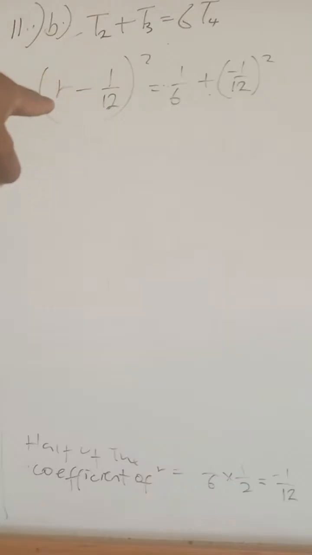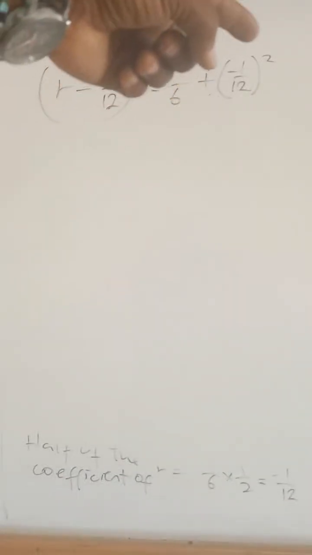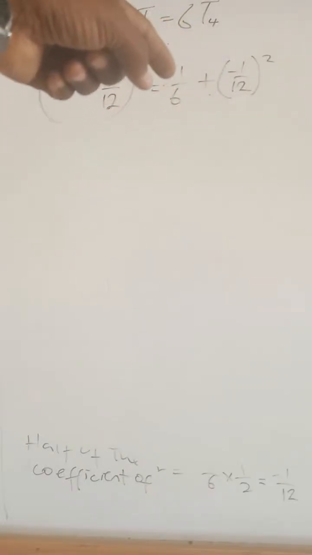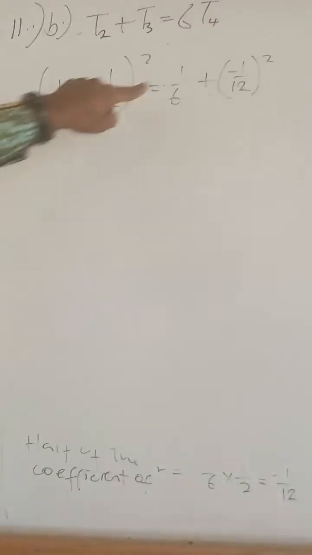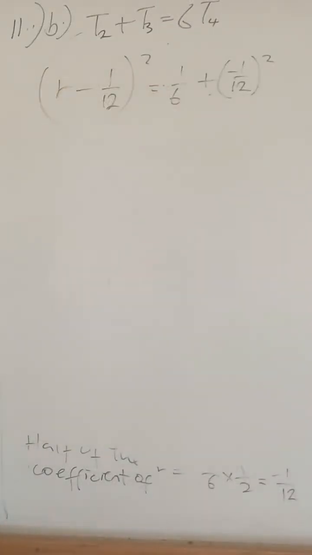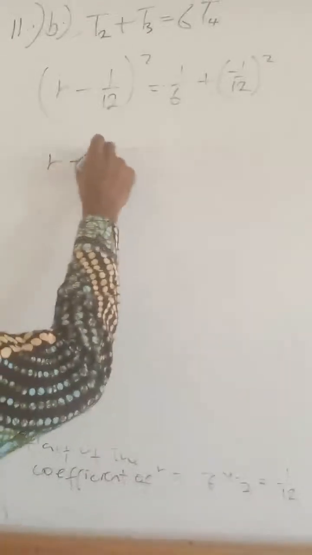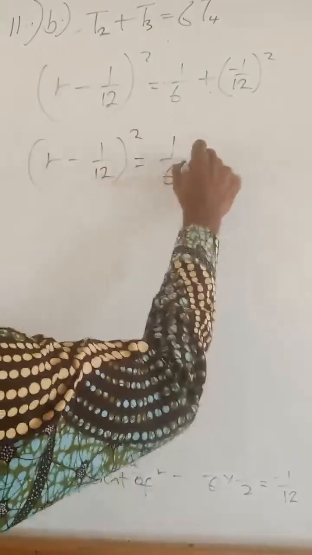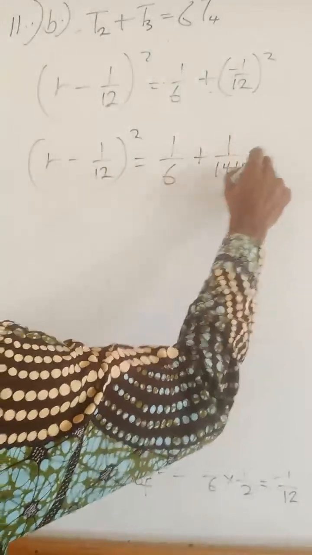R minus 1 over 12 squared, and then you are adding the square of the coefficient of r to 1 over 6. Now you have (r - 1/12)² = 1/6 + 1/144.